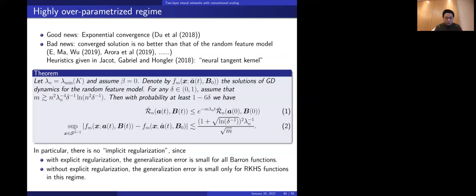I think this is really bad news, because it shows that the neural network doesn't have much of an advantage over the random feature model in this regime.